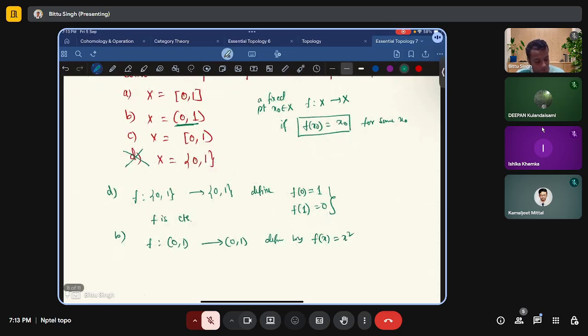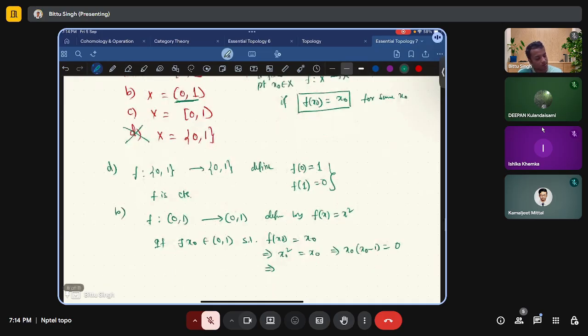So let us see what happens. If there exists some x0 belonging to (0, 1) which is a fixed point, then we get x0 square is the same as x0. But this equation implies x0 times (x0 minus 1) is 0. That is the same as x0 is 0 or x0 equal to 1.